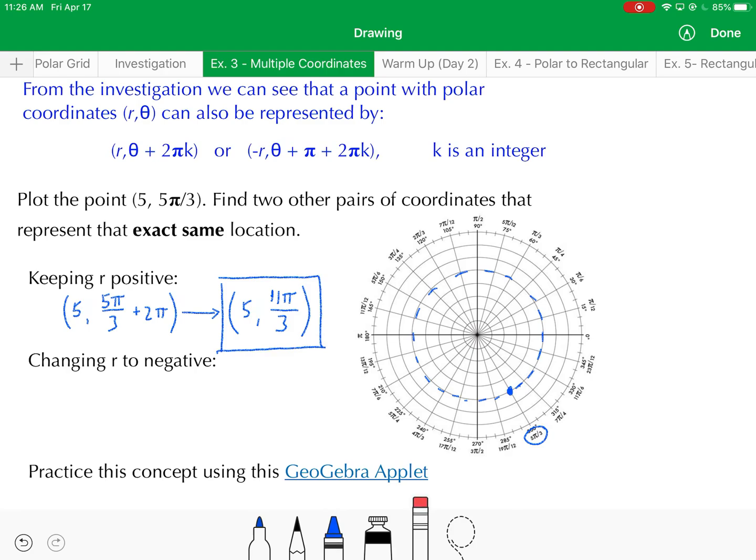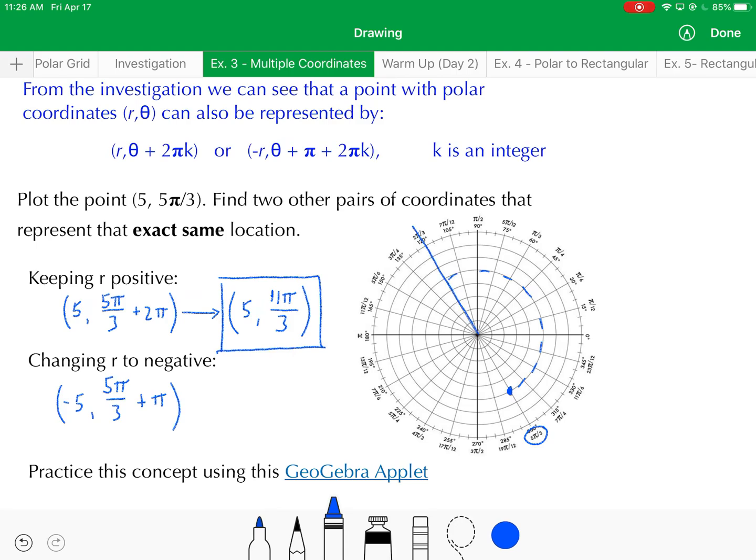All right, now let's say I wanted to express the same point but with a negative r value. So now r is negative 5. I'm just going to take the original angle of 5 pi over 3 and add pi to it. If I add pi, we know that's going to take us right to here.